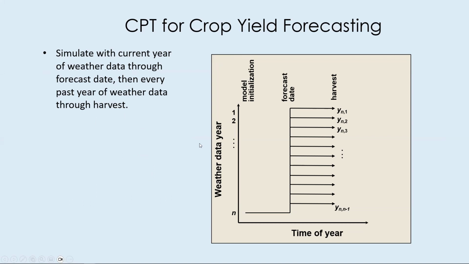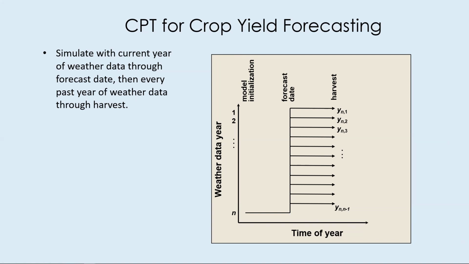Using the crop simulation model, we simulate the crop up to the forecast date. Why? Because the crop model uses daily weather data, and usually daily weather data are available up to the forecast date.